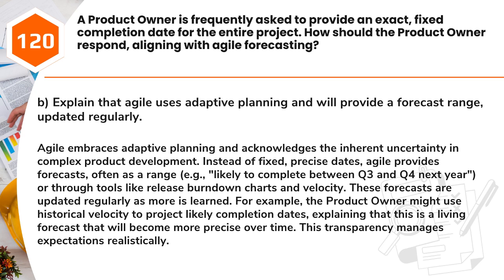These forecasts are updated regularly as more is learned. For example, the product owner might use historical velocity to project likely completion dates, explaining that this is a living forecast that will become more precise over time. This transparency manages expectations realistically.